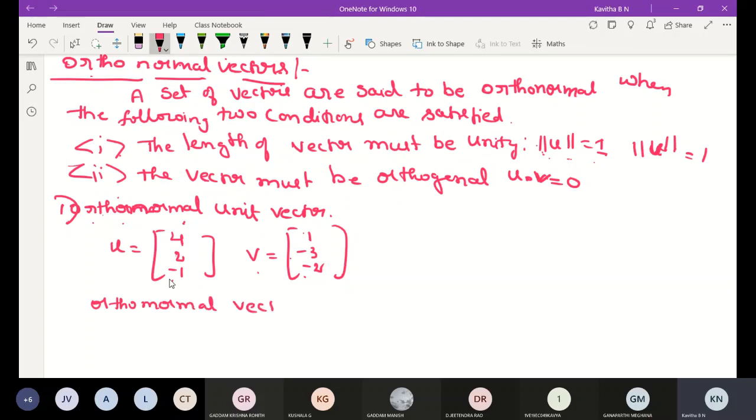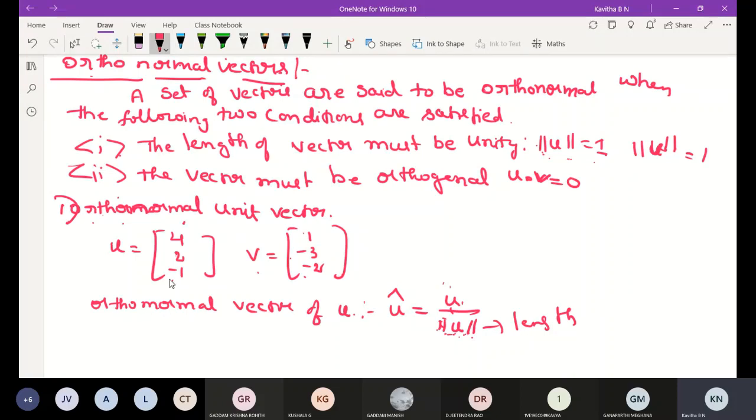The orthonormal (unit) vector of u is u divided by the length of u. This represents the length of the vector: u divided by the length of u.